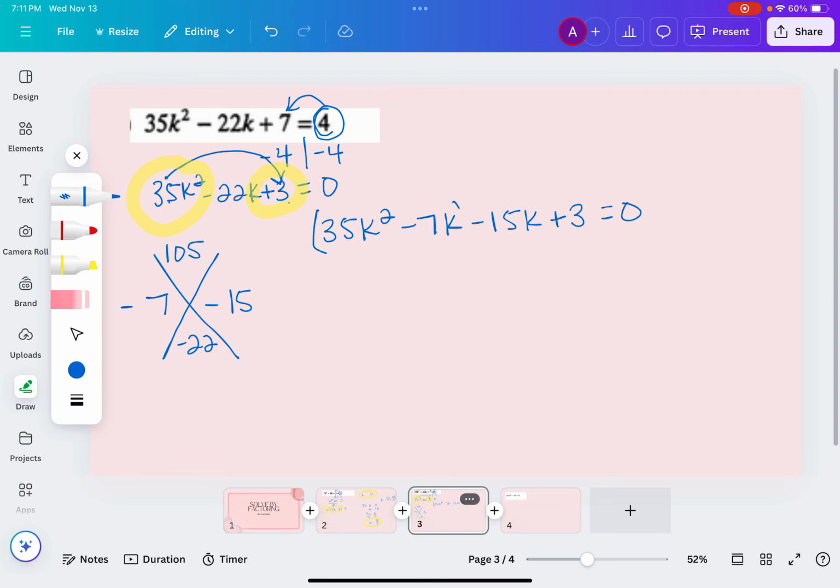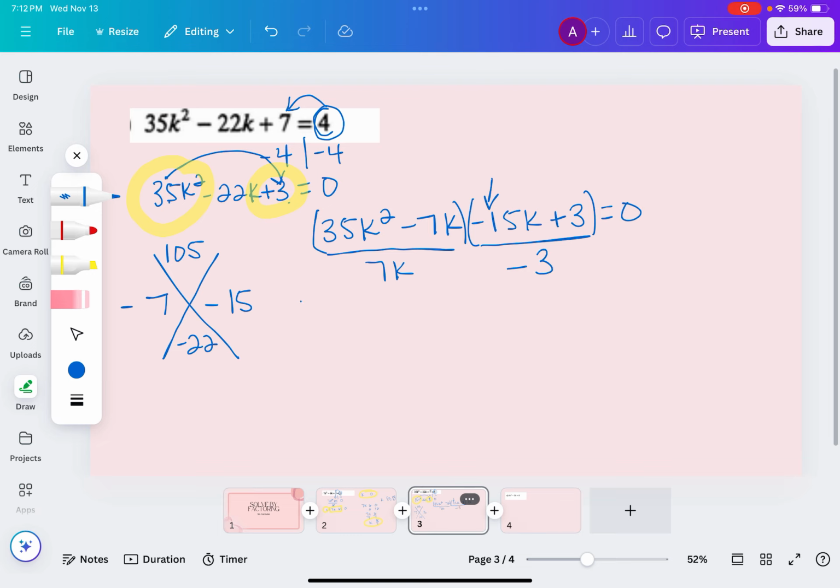So first group is right here, second group is right here. When I group, I'm doing 2 GCF problems. Okay, so this first one, my GCF is going to be 7k, because 35 is divisible by 7, and they both have the letter k with them. This next one, because my first term is negative, my GCF is negative. And 15 is divisible by 3, so 3.